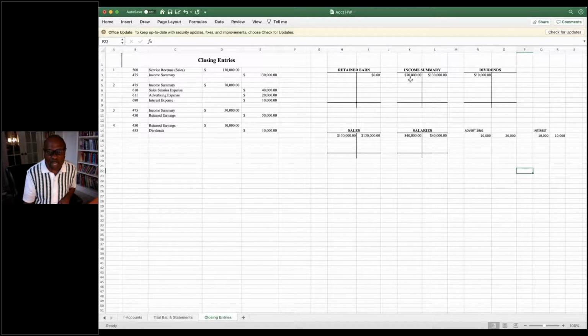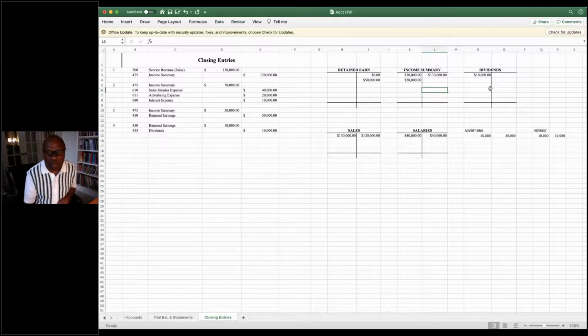If we debited this account for 50,000 and we credited retained earnings for 50,000, have we closed this account out? No. Okay.